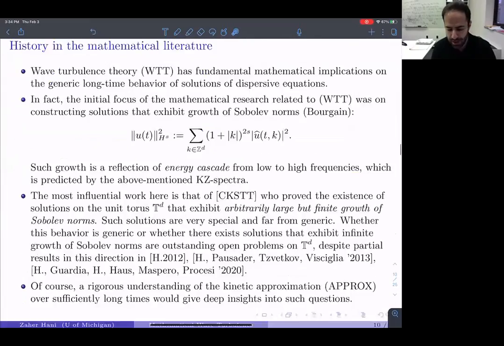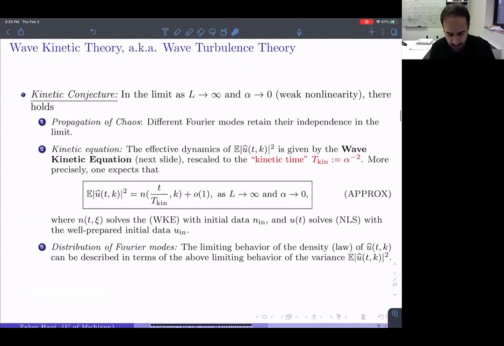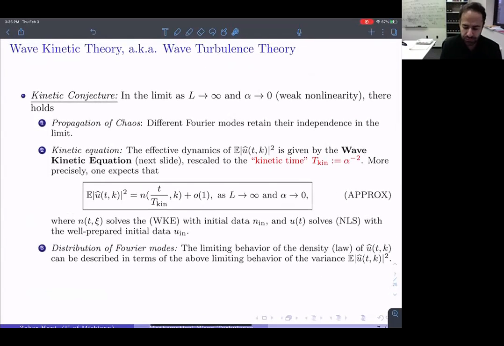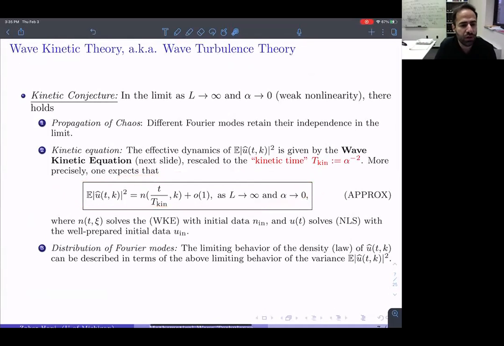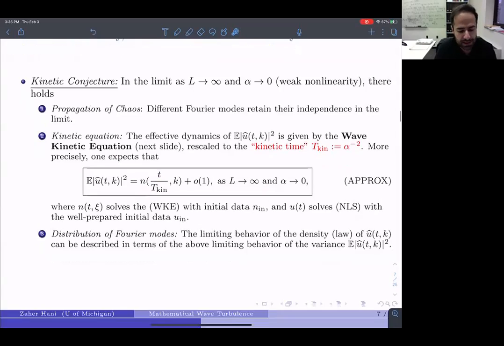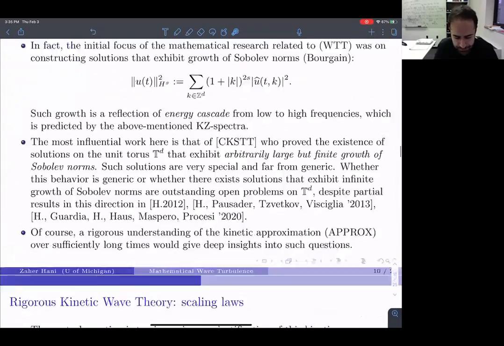So if I go back to the conjecture that I would like to prove, strictly speaking, you want to show this conjecture for times that are multiples of the kinetic time scale, because then you're talking about n at times that are of order 1. In the first work with Buckmaster, Germain, and Shatah, we were only able to reach times that are very much smaller than the kinetic time.